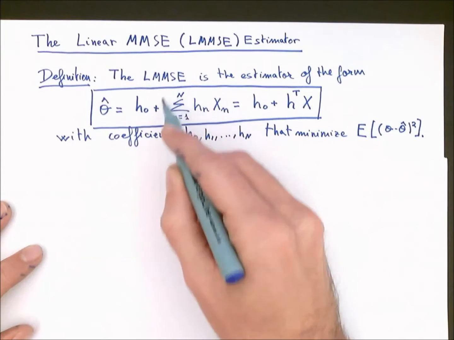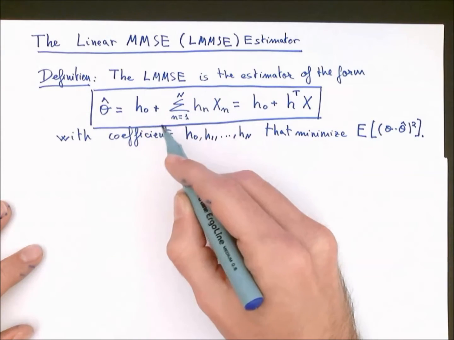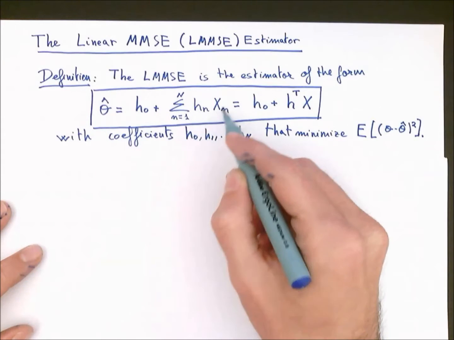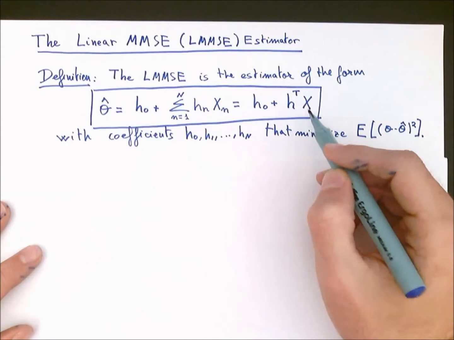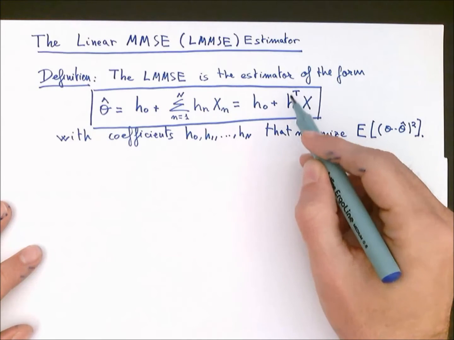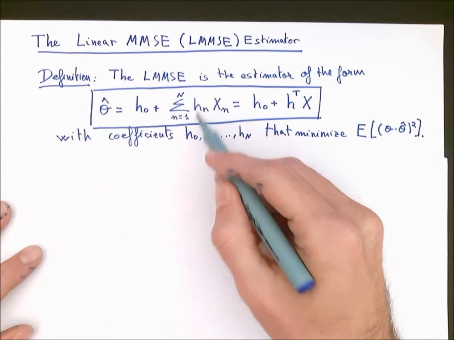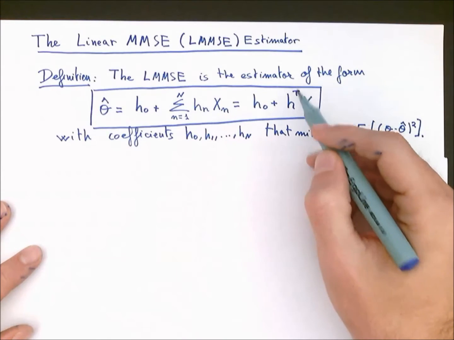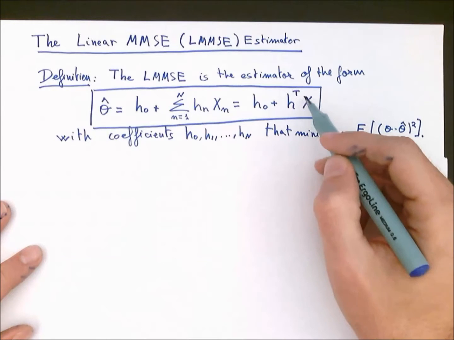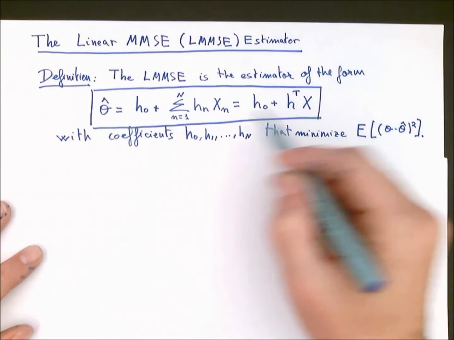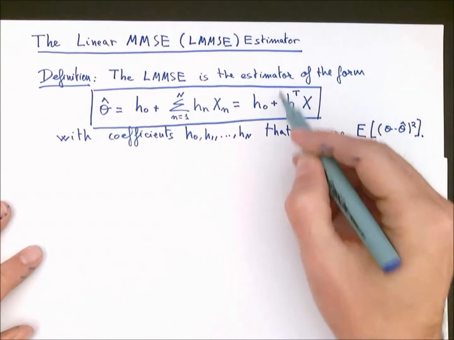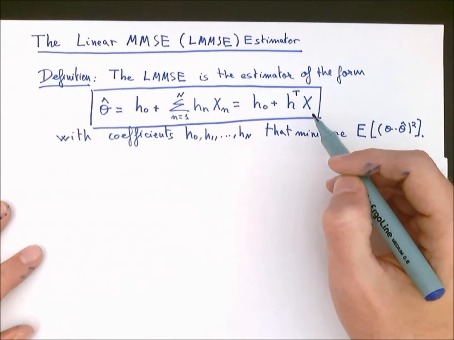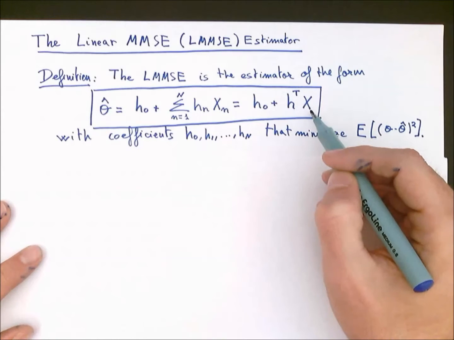If we considered only the second term, this part, this is a linear transformation of the data vector x. In fact, we can write it in vector form by multiplying the vector h, which contains the coefficients h1 to hN, transposed, with the vector x, the vector of data, which contains the data samples from x1 to xn. This second term is a linear transformation of x.